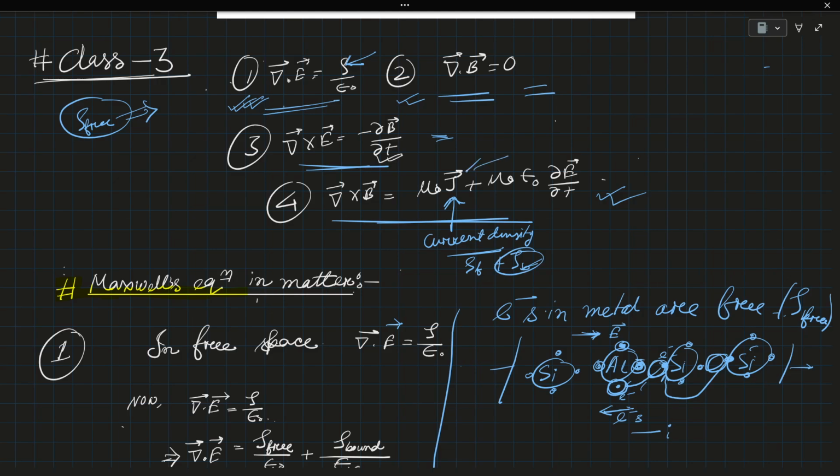So the fourth equation also contains some charge density term, right? And the first equation also contains a charge density term, okay. So only the first and fourth equations will change, but the second and third will remain the same, okay. We have already discussed the first one, and now let's come to the fourth one, okay. So let's move forward.